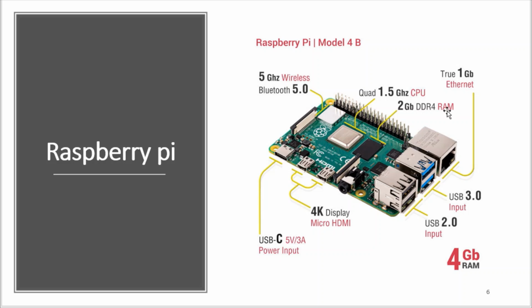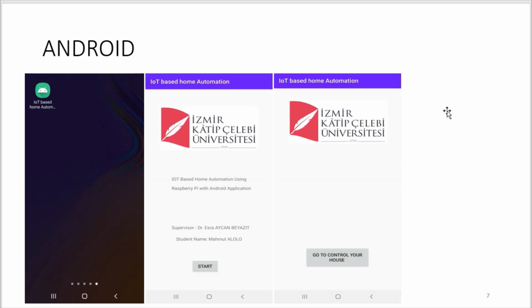Let's continue with the Android application. I designed the interface by using Android Studio and I tested it on my own mobile. After the download, we can see the application here. If we open this application, we can see the first picture here, which is the first main screen of the Android app. We should start by touching the start button.